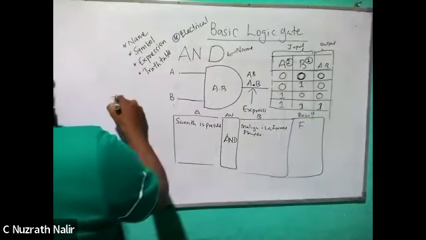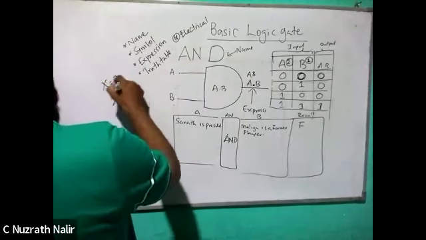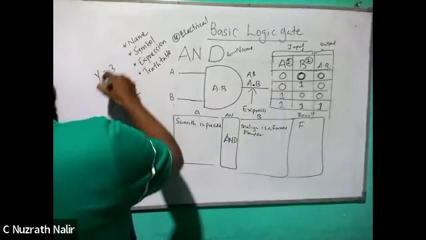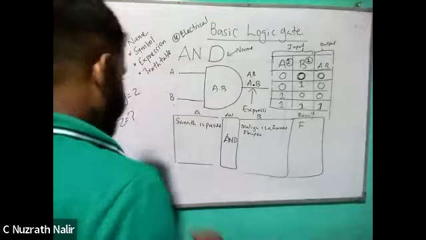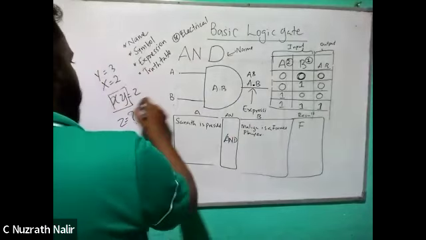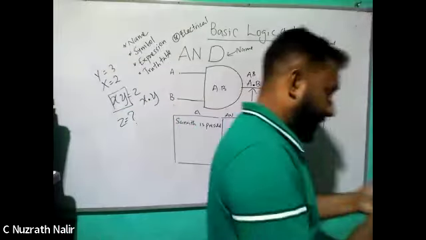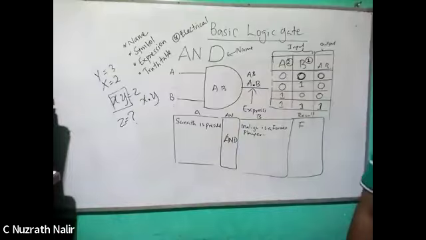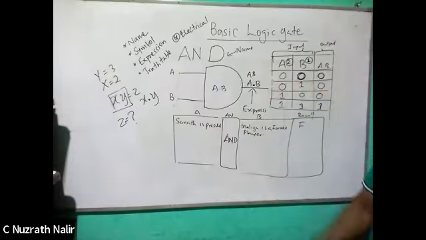In maths, xy is equal to z. x is 2, y is 3, then z is what? You can write down the same expression as x dot y. Both are same. Okay? So you have learned in the maths the same way, that is called expression.